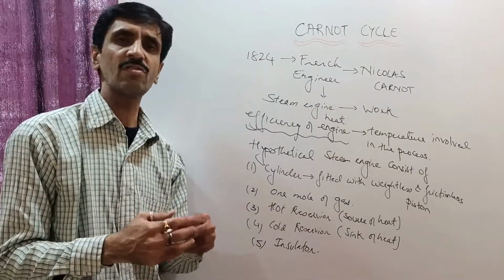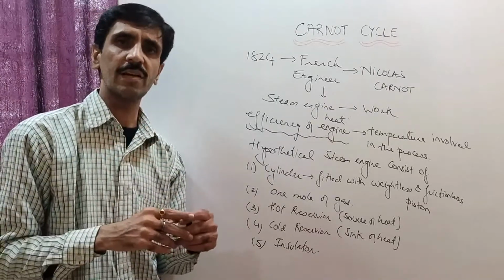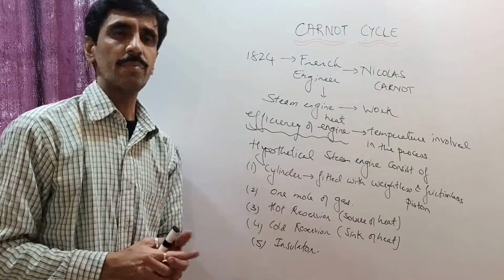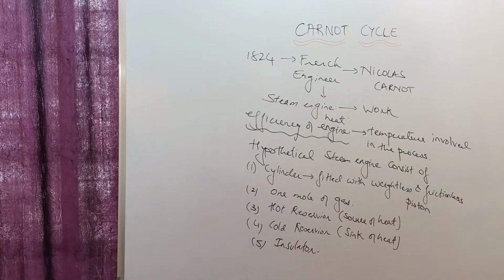So this is, my dear friends, the introduction part of this Carnot cycle. Just a brief recap once again: in the year 1824, a French engineer named Nicolas Carnot was very much interested in understanding the conversion of the heat coming out of the steam engine into work. So he was the first one to derive a relationship between the efficiency of heat engine to the temperature which is involved in the process.